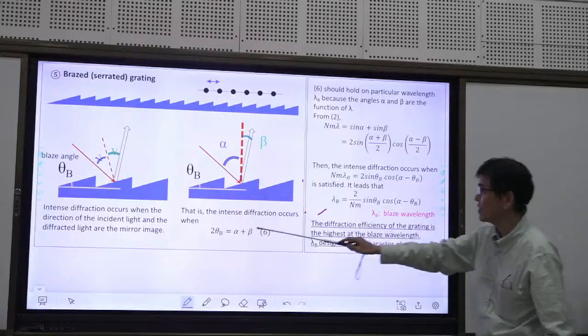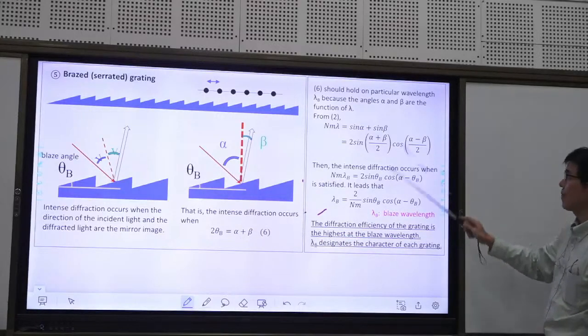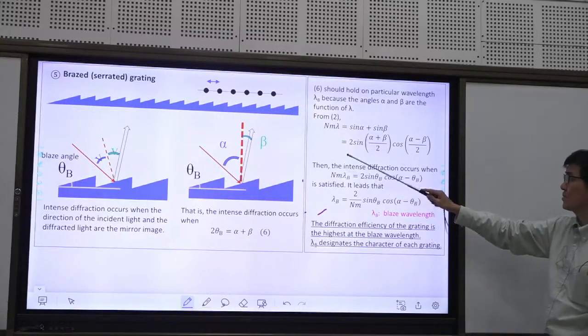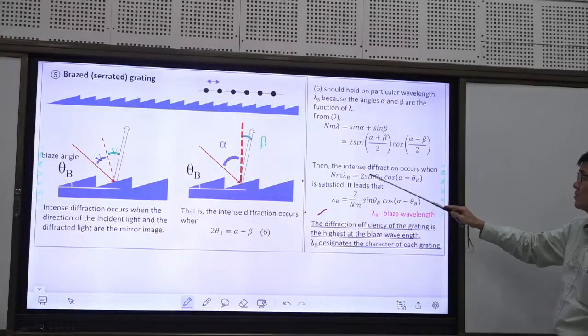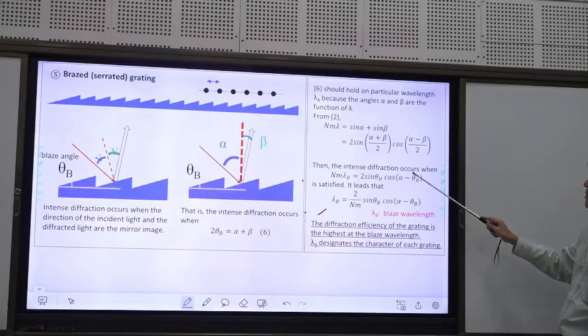Then substituting this relationship into here, we get this equation nmλb is equal to 2 sine θb cosine (alpha minus θb).